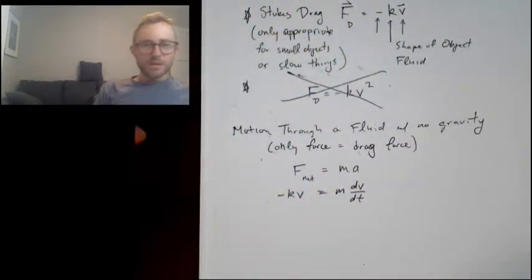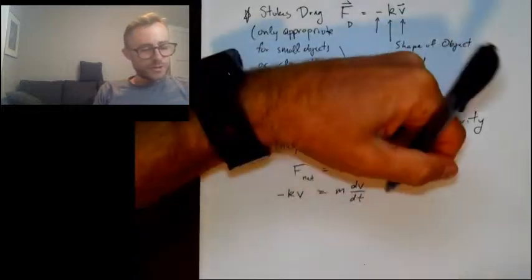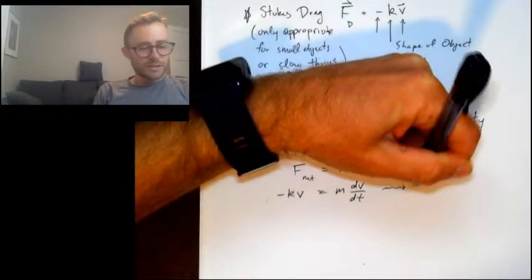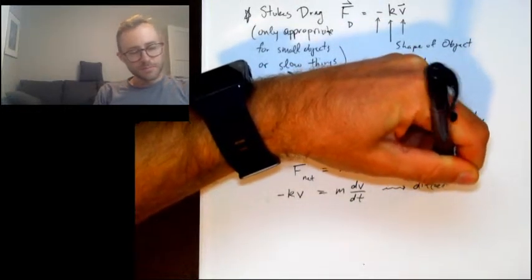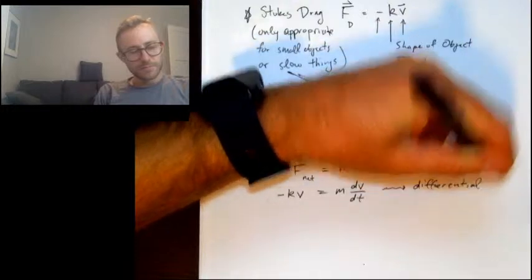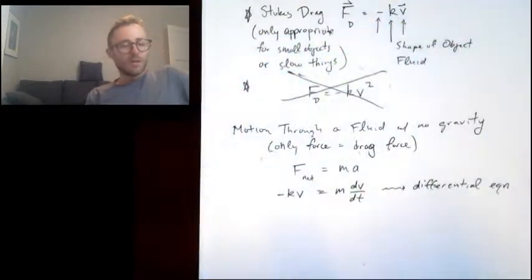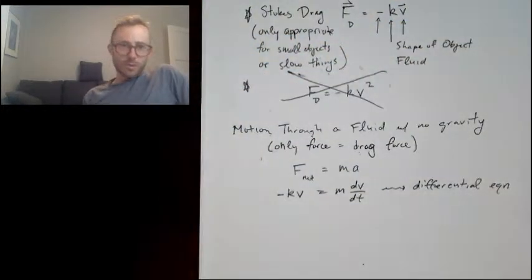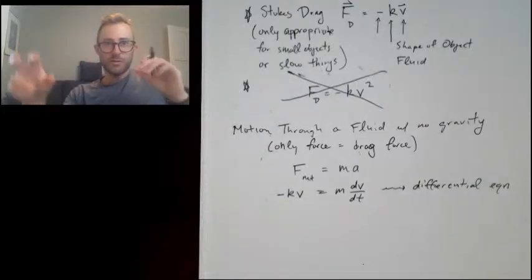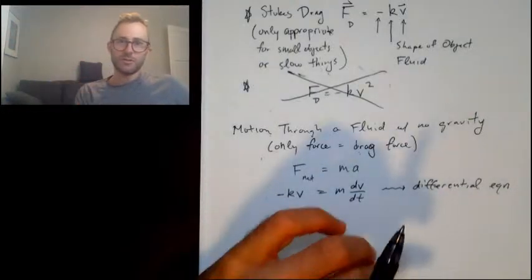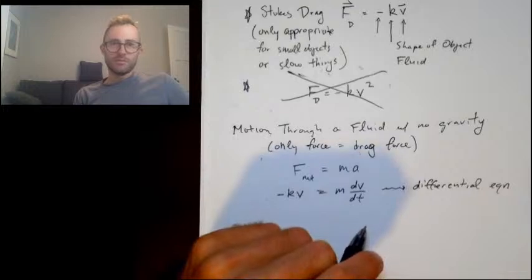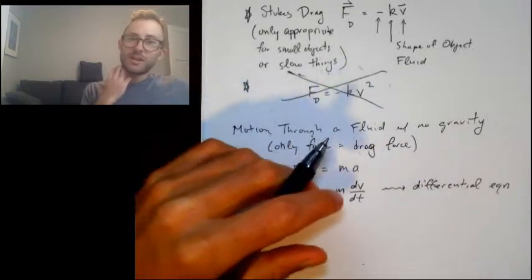Okay. So this type of equation is what is called a differential equation, as opposed to an algebraic equation. An algebraic equation is one where, to solve it, you just move the variables around so that velocity is on one side, for example.